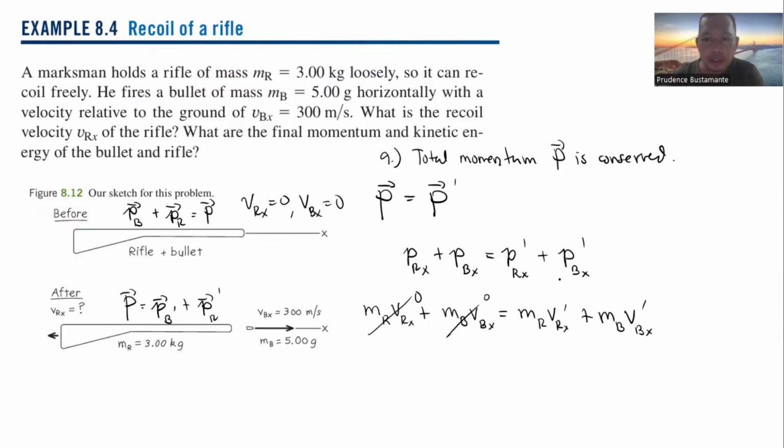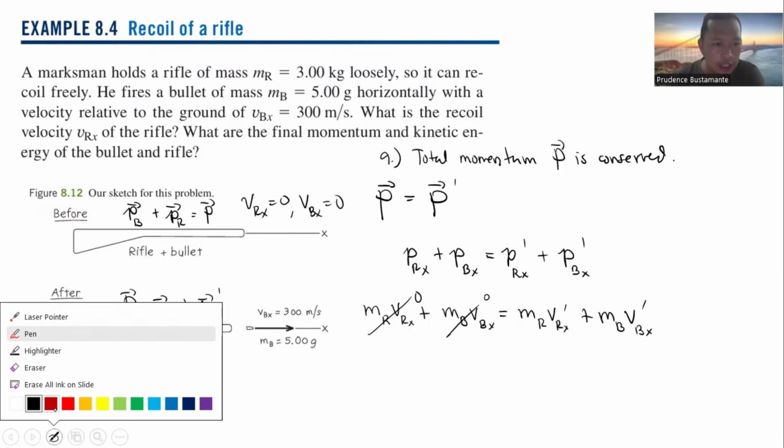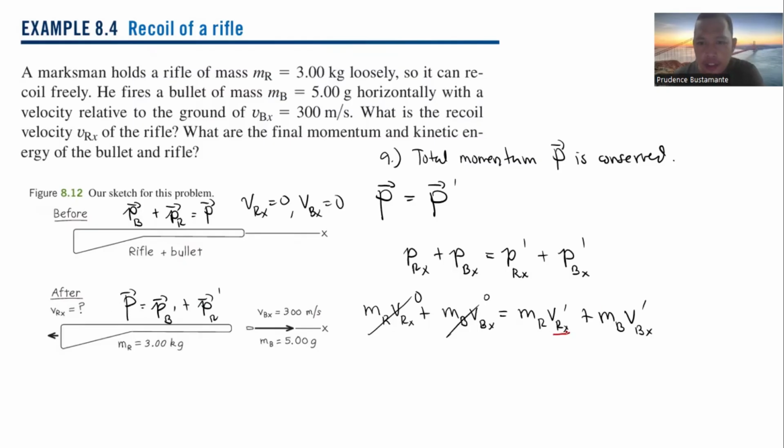So our target variable is the recoil velocity. What is the recoil velocity? That's our target variable. Okay, if you transpose this one to the other side, let's transpose this one to the other side.